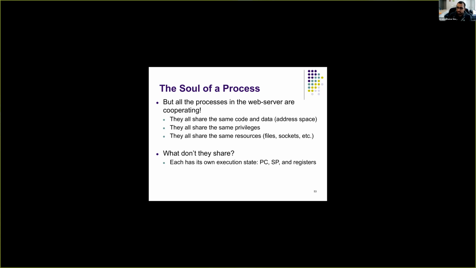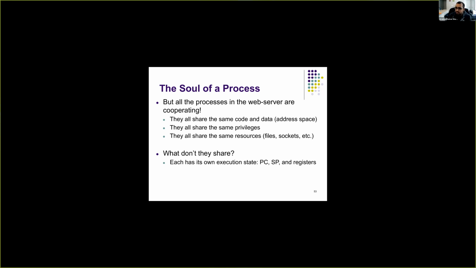For instance, each process will be serving requests that come from different users. So the user data, which we call stack data, is different, and the CPU state is different. That's it. The rest of these processes have exactly the same resources, except for the execution state.